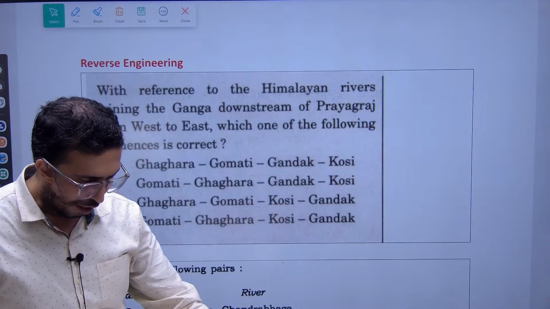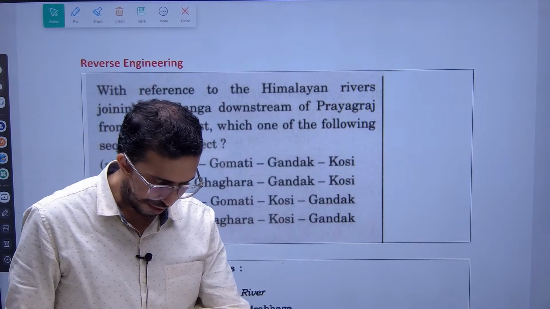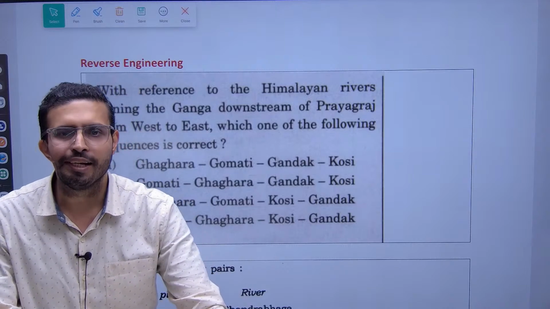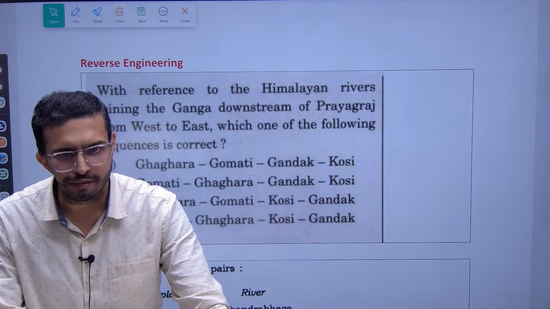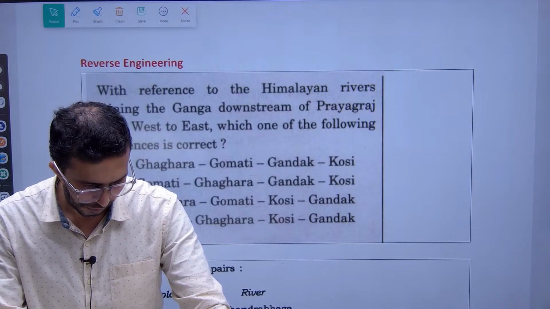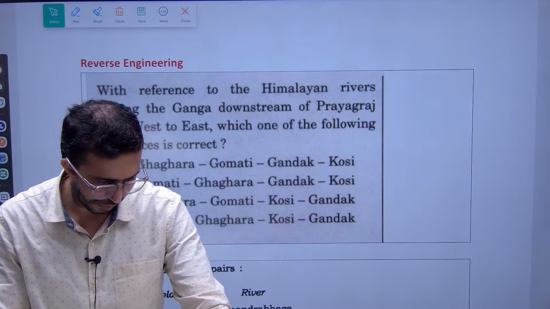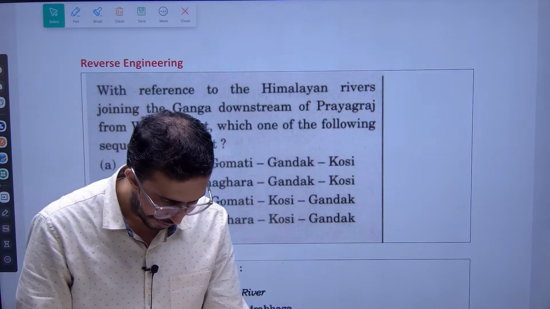Yes, Ritik. The Ambala region acts as a water divide between the Indus river system and the Ganga river system, and Ambala is a plain region. Good evening. Yes.